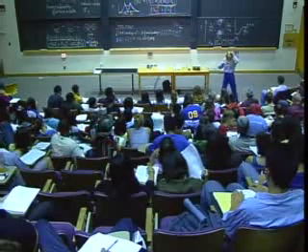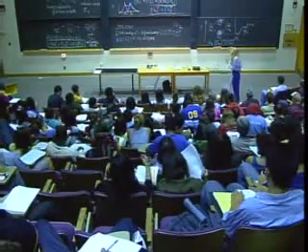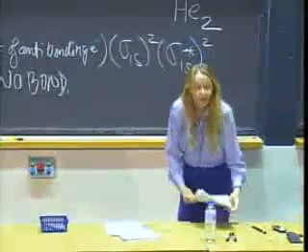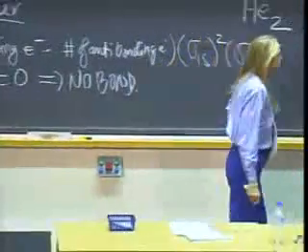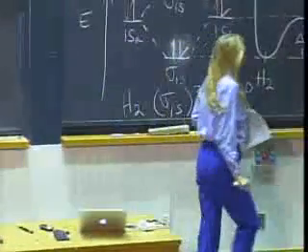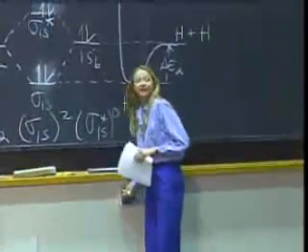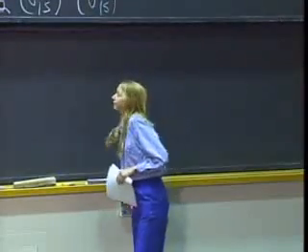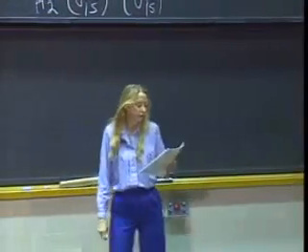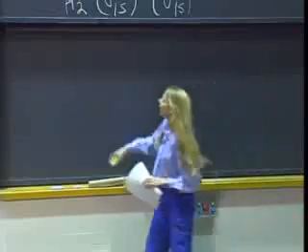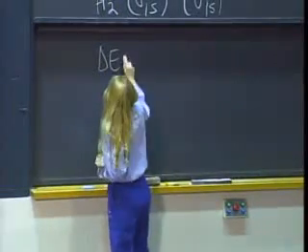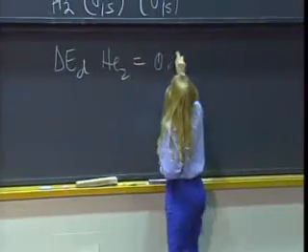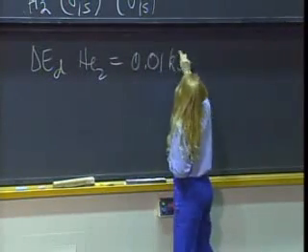Okay? Now, accurately speaking, helium-2 does have a bond between them, right? Helium-2 was discovered, so to speak, in 1993, and it was made under really very special conditions. And the bond strength here of helium-2 is a whopping 0.01 kilojoules per mole.